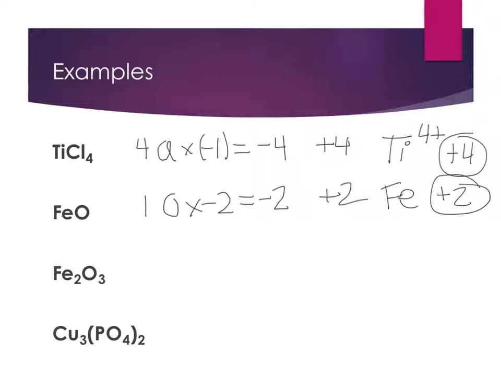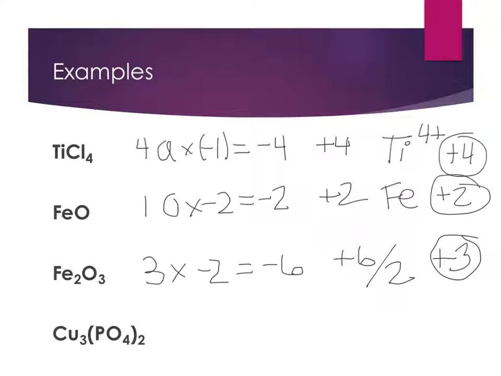So we're going to write 3 times -2, so we need -6. So on the other side, we need a +6 total. And now we look back at our iron, and we see we have 2 of them there. So each one must bring in a +3.